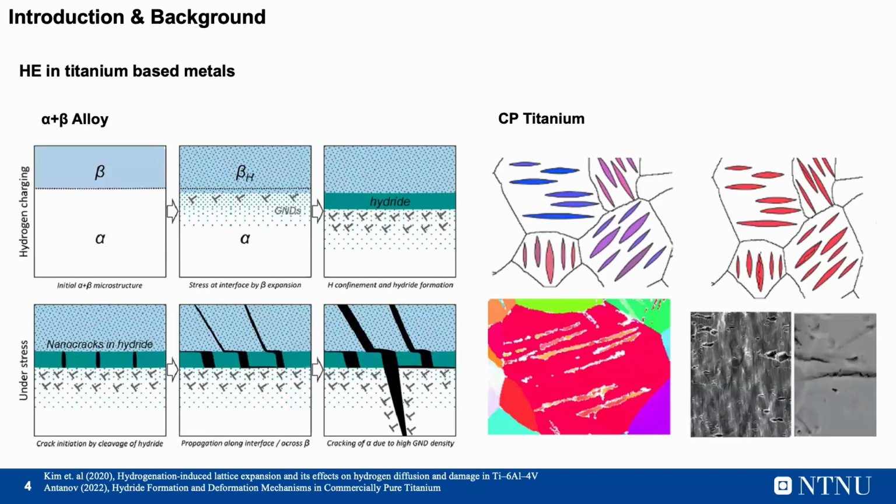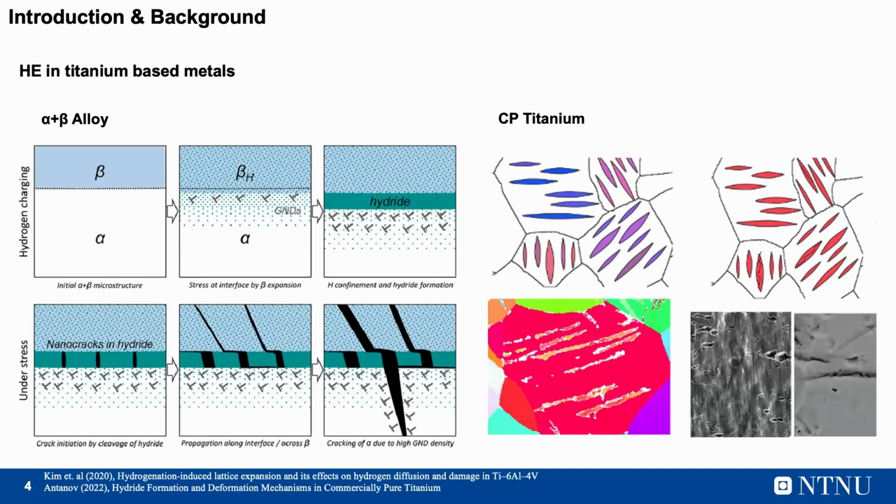So far, there are studies investigating this embrittlement effect of hydrogen on titanium-based materials. For example, in the alpha plus beta alloys, the hydrogen can diffuse through the beta phase, which has much higher diffusivity compared to the HCP case, and eventually the hydride can form at the phase boundaries.